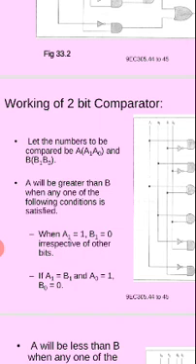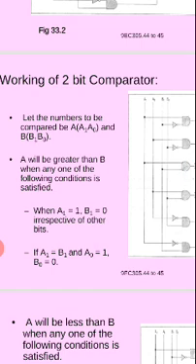When A1 is equal to 1, B1 is equal to 0, irrespective of other bits. If A1 equal to B1 and A0 equal to 1, B0 equal to 0.